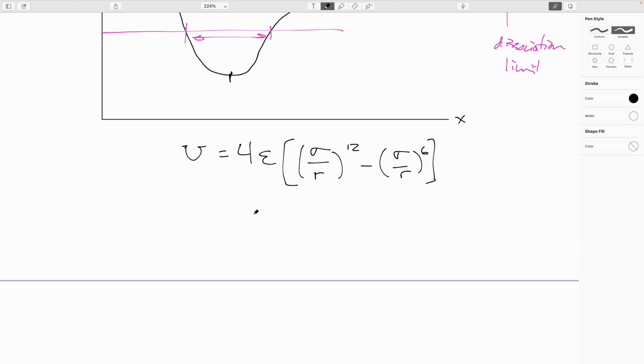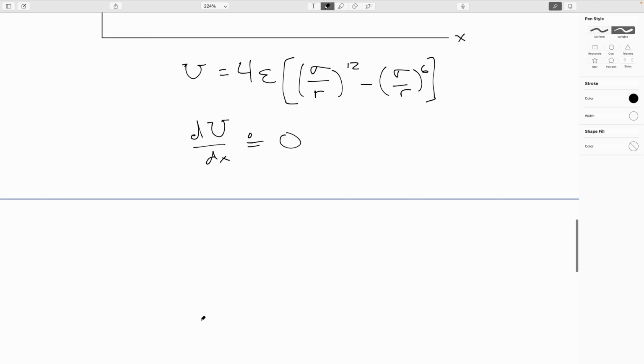So we can find the equilibrium position by saying that the equilibrium position is where dU/dx is equal to 0.